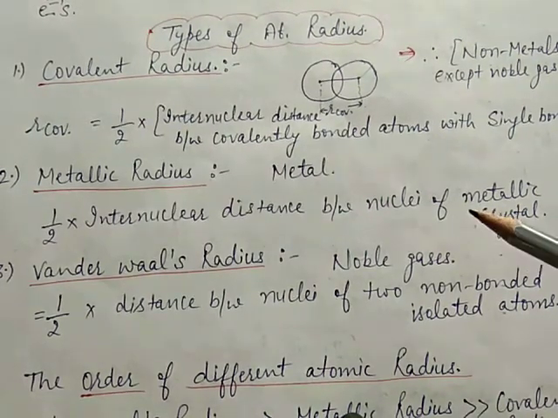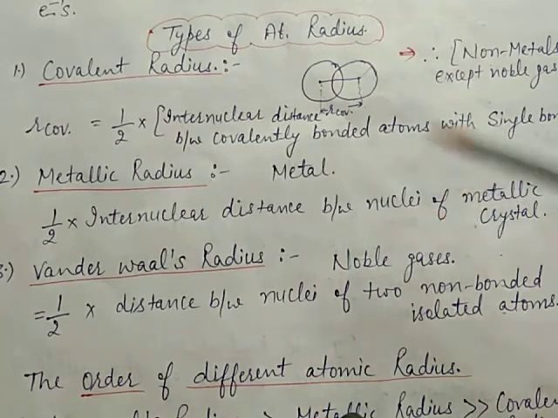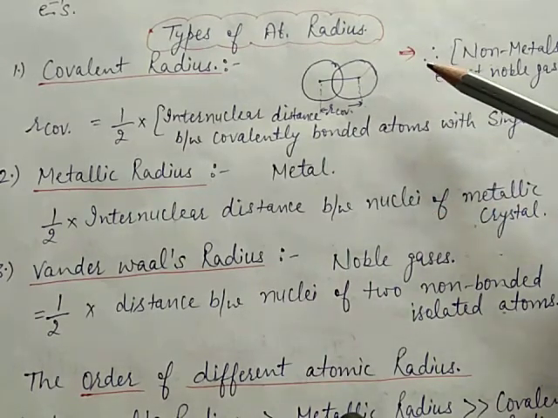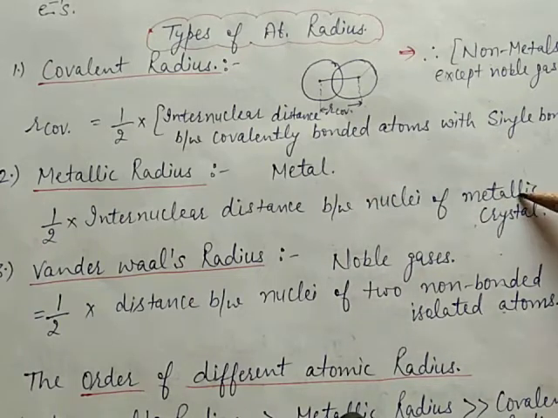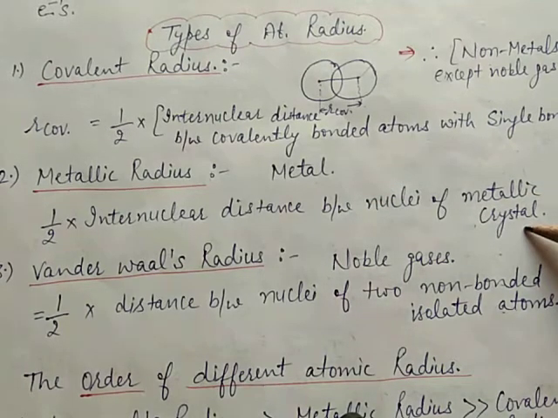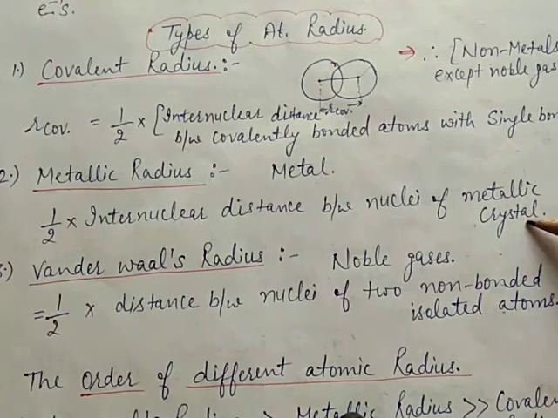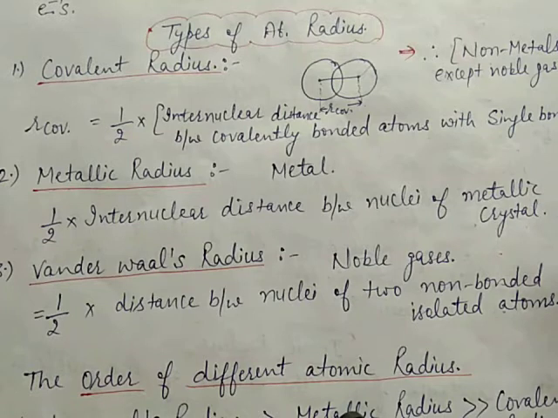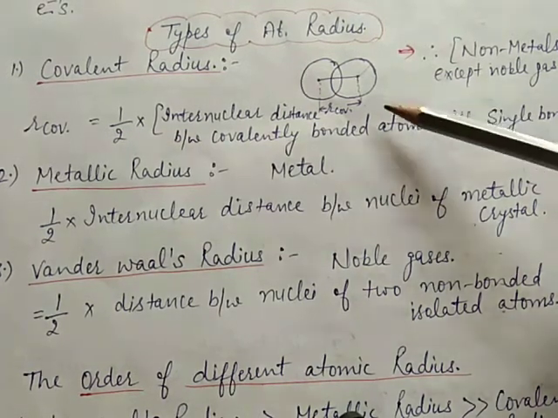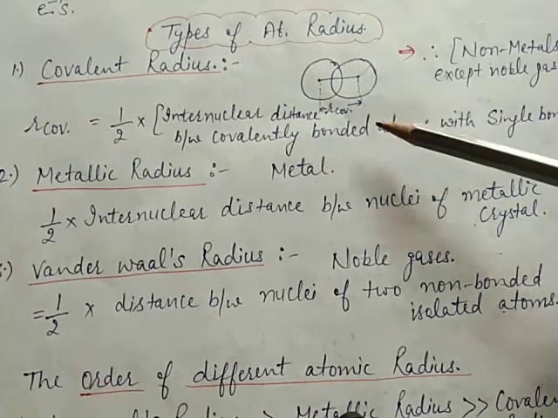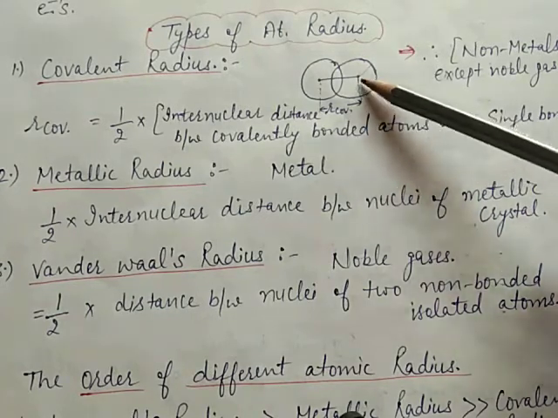Here one question arises: metallic radius is always larger than covalent radius. Because in a metal lattice, electrons are mobile, meaning moving, and there is only a weak attraction by the positive charge. But in covalent molecules, the electrons are strongly attracted by the nucleus.